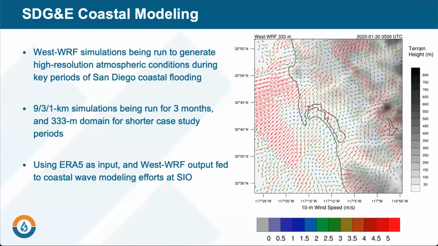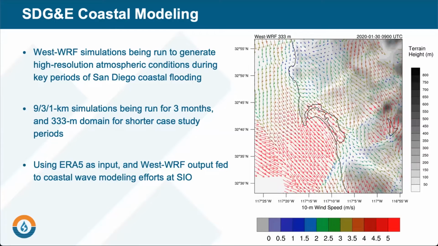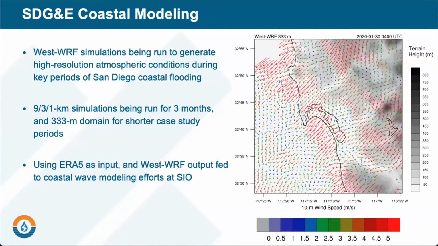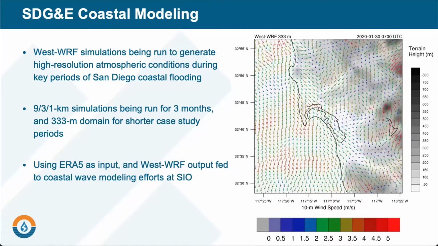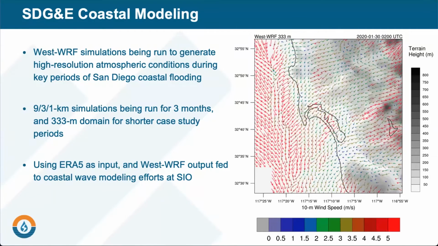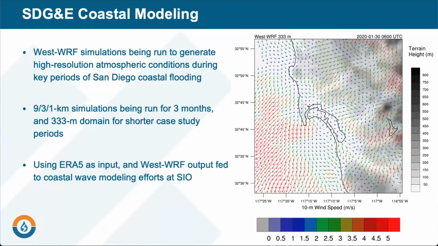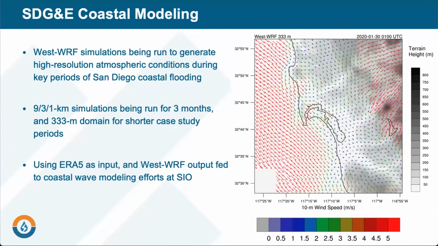So these are actually going down to 1 kilometer and 333 meter simulations over San Diego County, using ERA5 as input, and then the West-WRF output is used to feed coastal wave modeling efforts with Scripps.